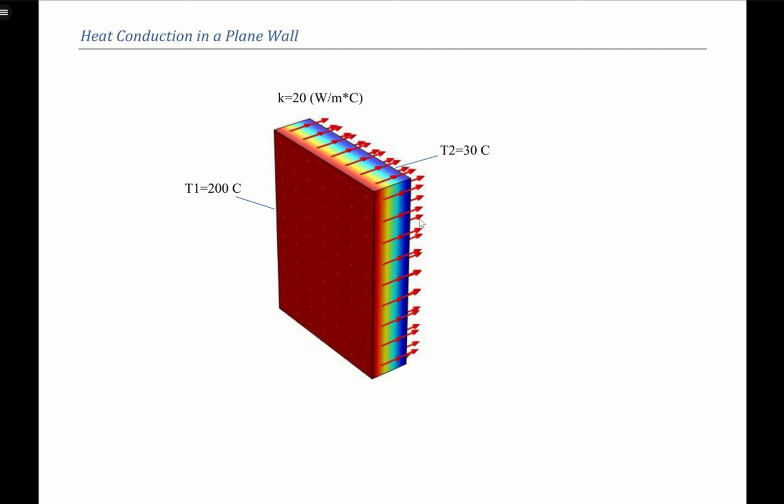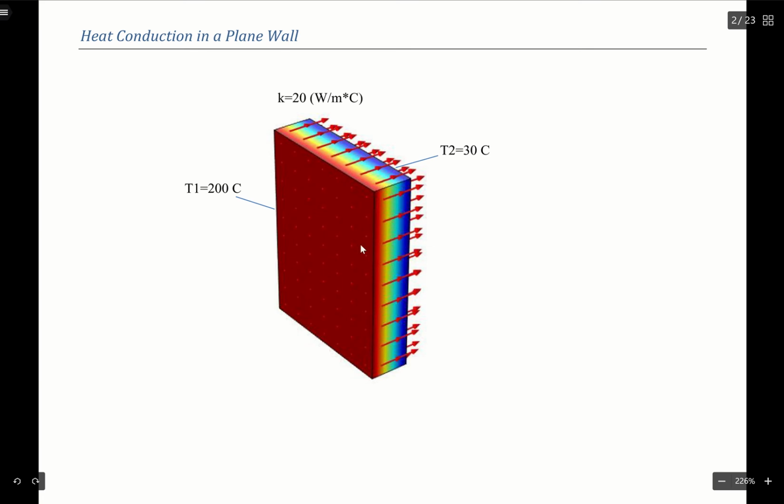So this is just an example of a model of a conduction through a large plane wall where it's hot on one side. So you see the temperature is 200 degrees Celsius on one side, and the temperature on the other side, it's colder. T2 is equal to 30 degrees Celsius.